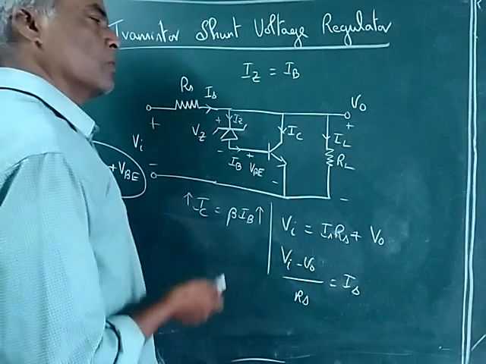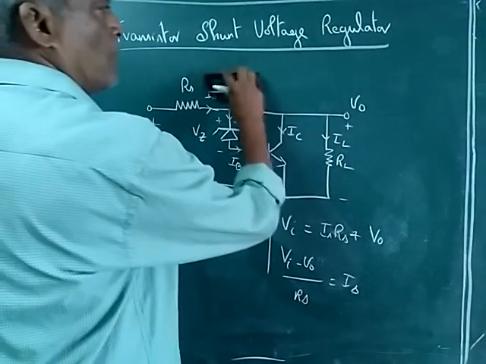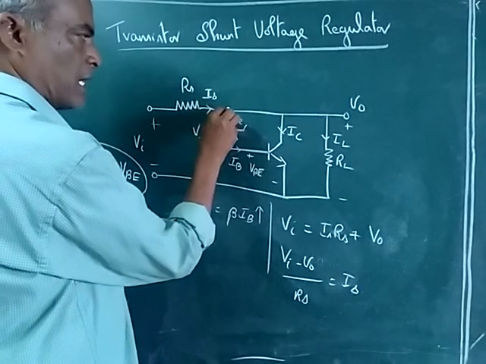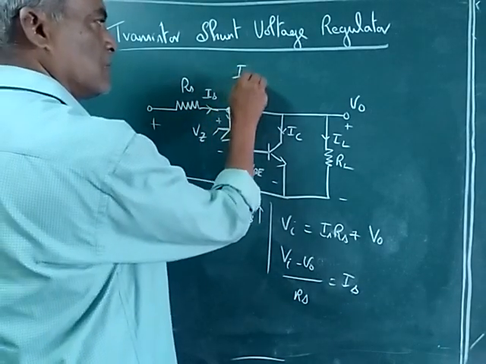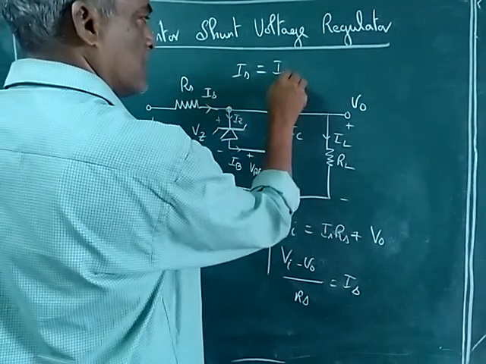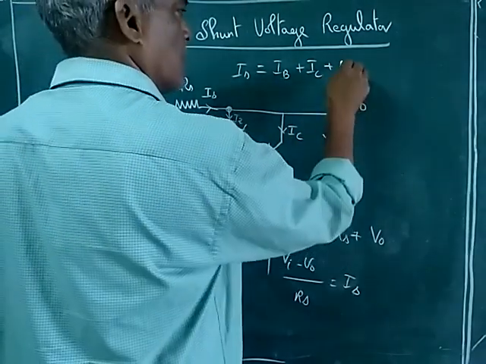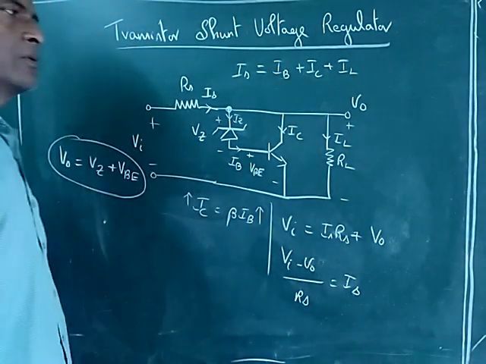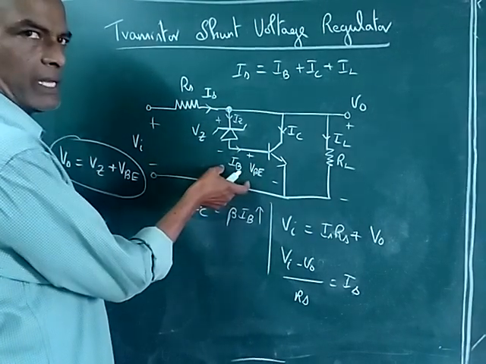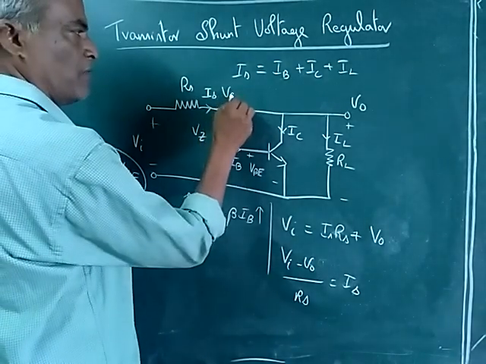So the incoming current IS is defined by, if you carefully see, this is IS. The current entering the junction is IS. The current leaving the junction is IZ, or we can say IB, then we have IC, and then the load current IL. Now we know VZ, VBE, so this point with respect to this point is nothing but Vout.